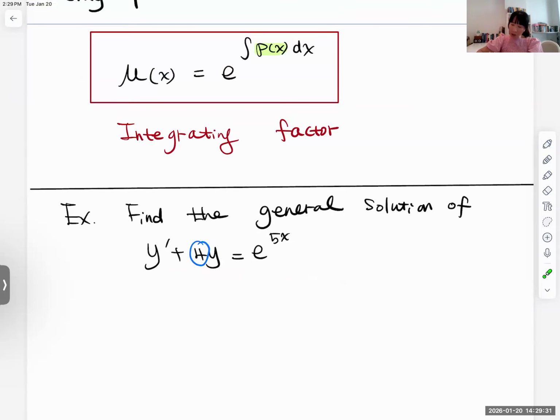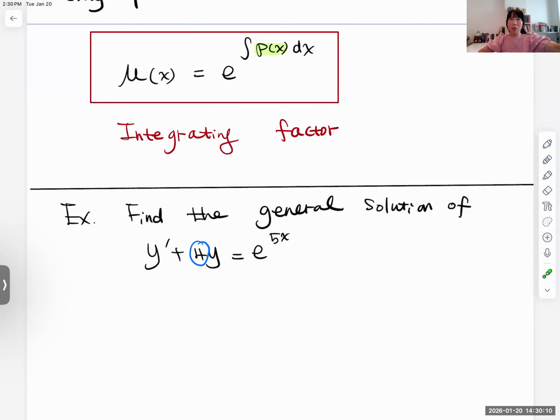So find the general solution of this. Earlier we had nice homogeneous equations, but here we have a non-homogeneous one, and we cannot nicely put one term with y on one side and just x on the other. So we use the integrating factor.